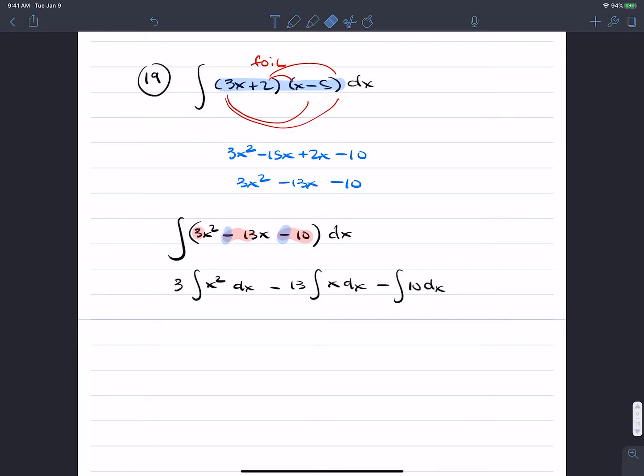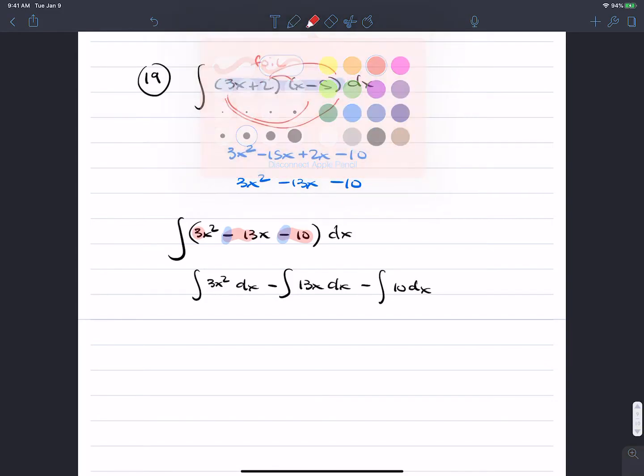So if you actually wanted, since we're learning this from the beginning, let's just focus on the sums and differences here of these properties. But you're going to pull out your constants, the 3, the 13, and the 10.